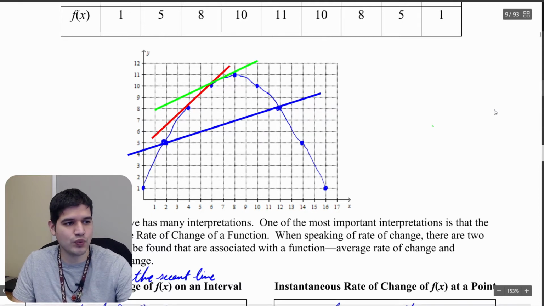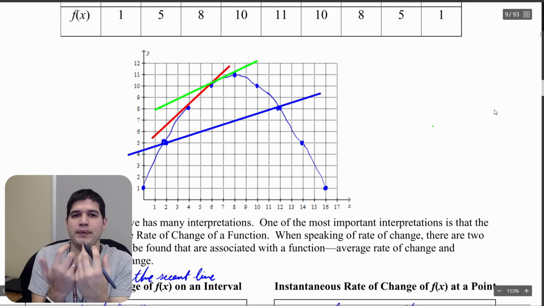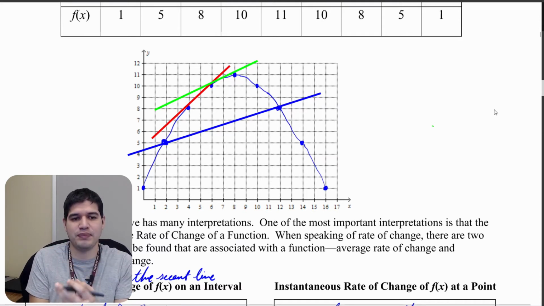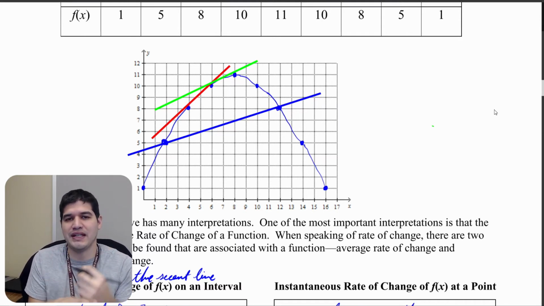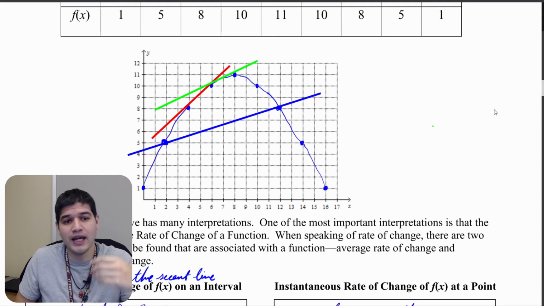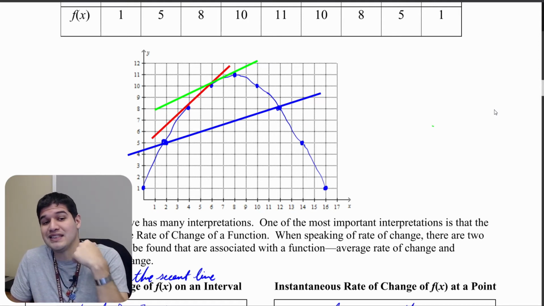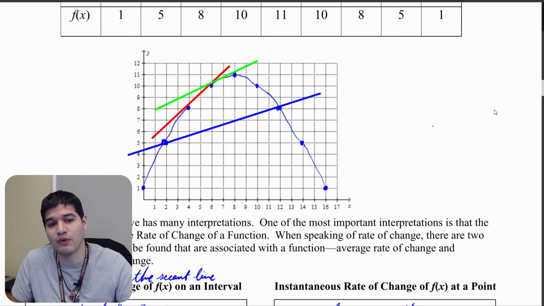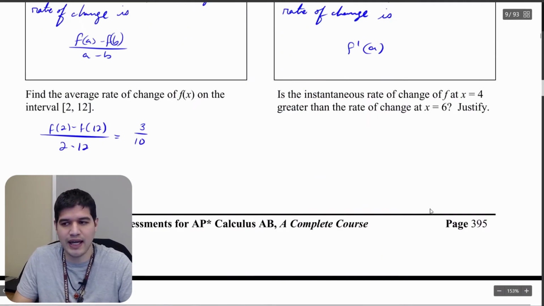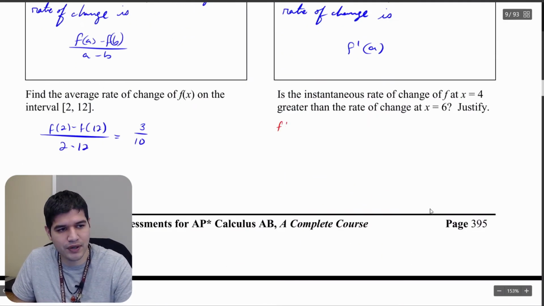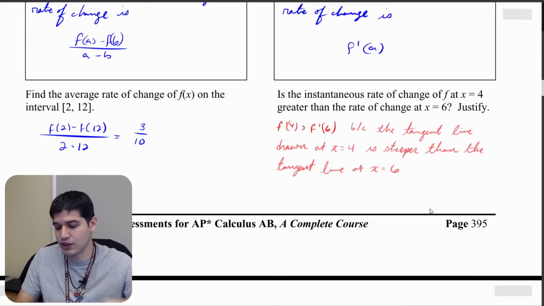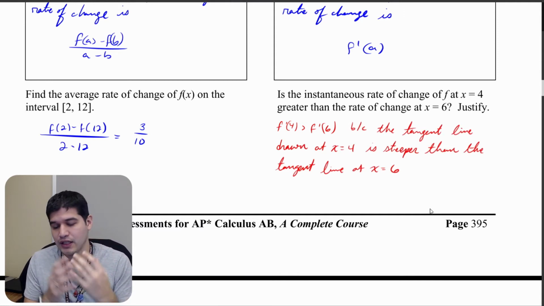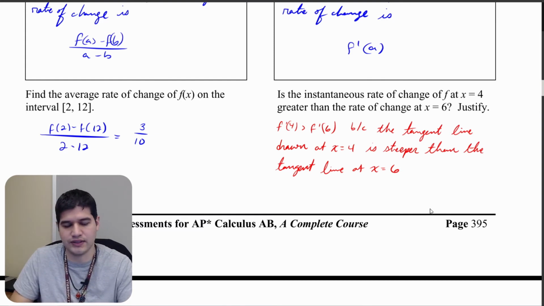You really just want to compare which one is steeper, the red or the green line, because that's going to be our greater slope. You can see the red line is greater, which is the tangent line at 4. So f prime of 4 is greater than f prime of 6, because the tangent line drawn at x equals 4 is steeper than the tangent line drawn at x equals 6.